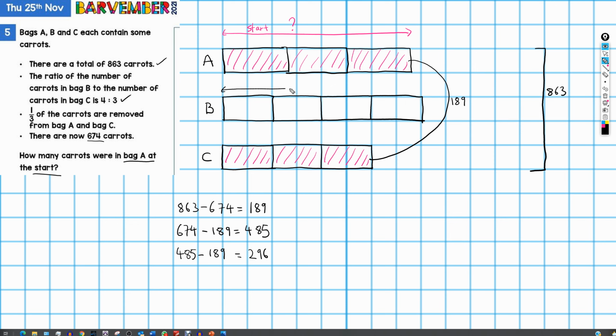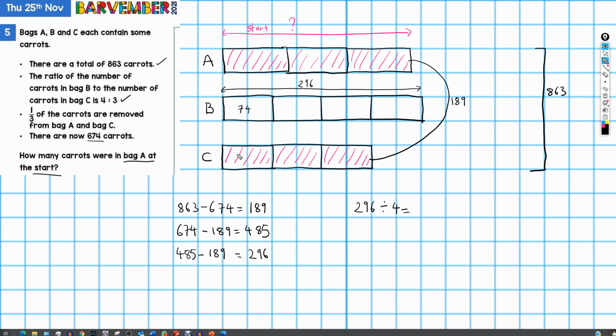I now know that these four have a value of 296. So if I divide 296 by 4, that is going to give me 74. So each of these parts has a value of 74.